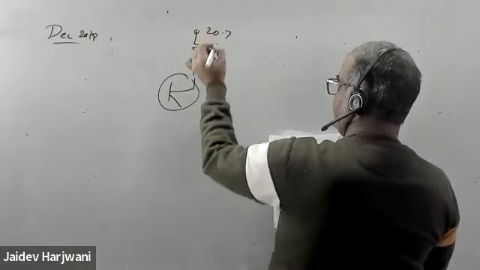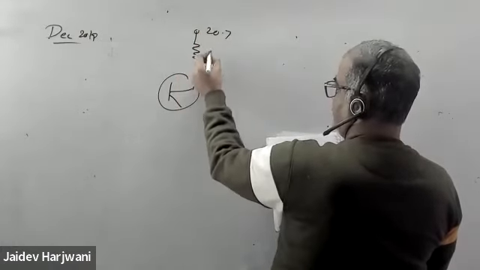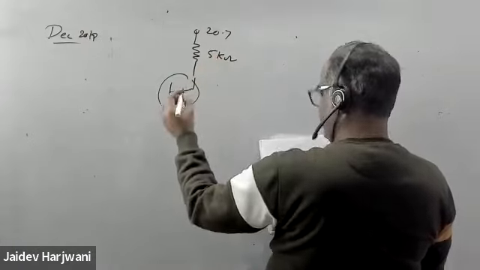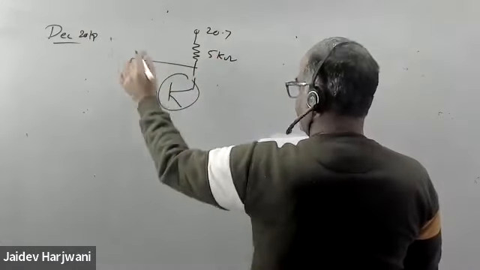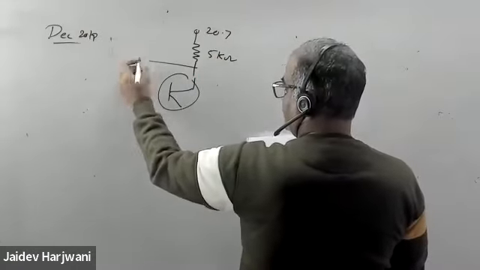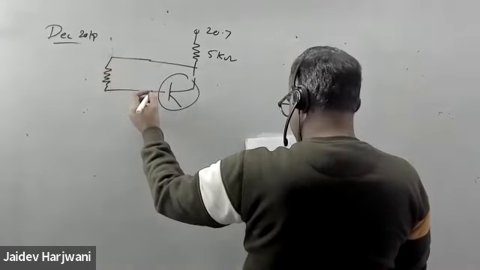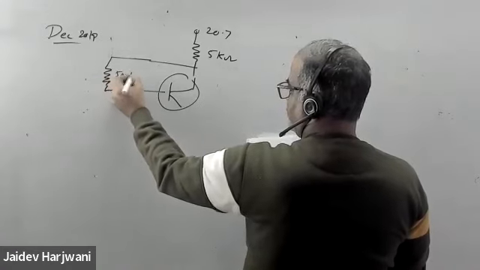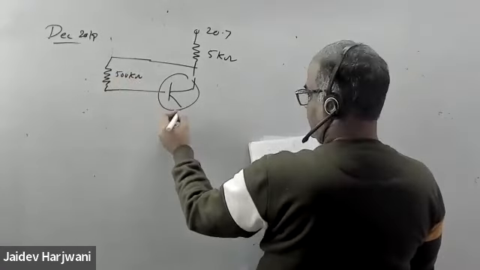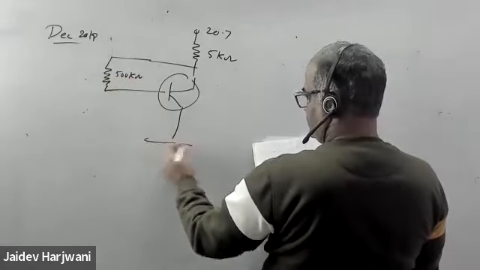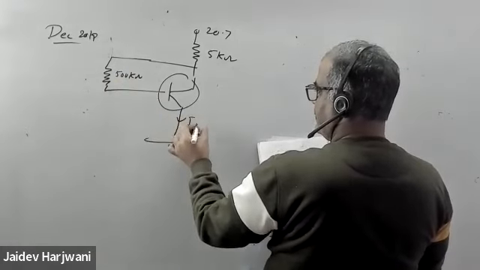Again, this is given 20.7, and this is 5 kilo ohm. This time I'm taking from here, not from here. Here the resistance is 500 kilo ohm, and this is simply grounded.